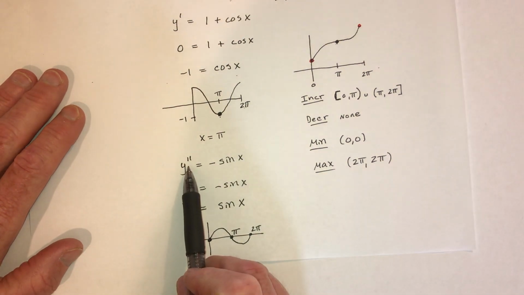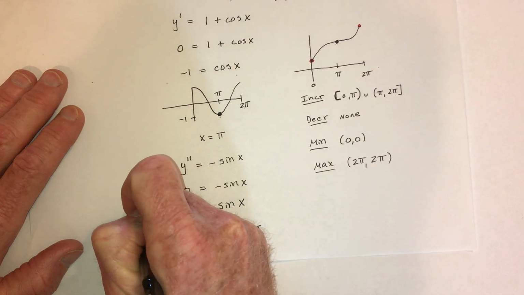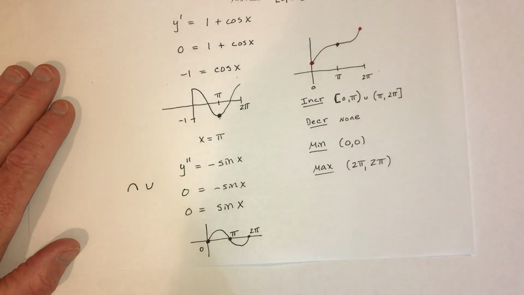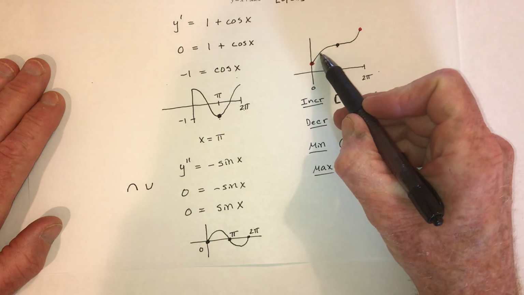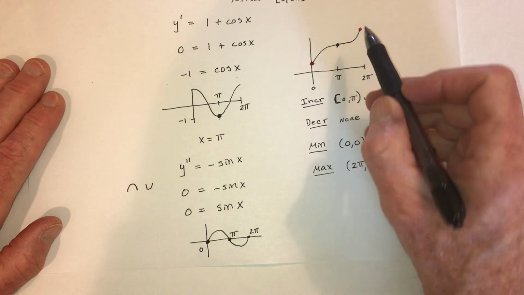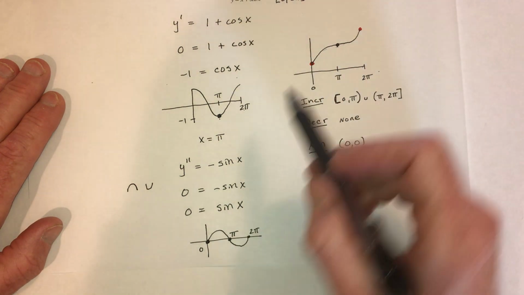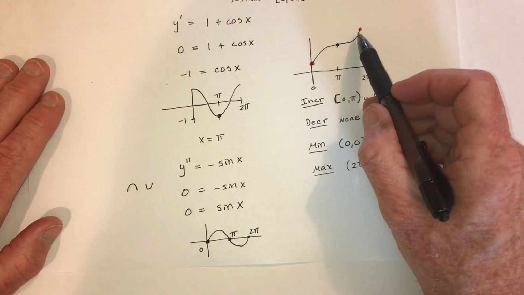Remember, the second derivative is telling us concavity. So this is concave down, and this is concave up. And if you look at the graph, this is concave down, and this is concave up. So it doesn't have to be as extreme as these, but this is bent down, and then this is bent up.